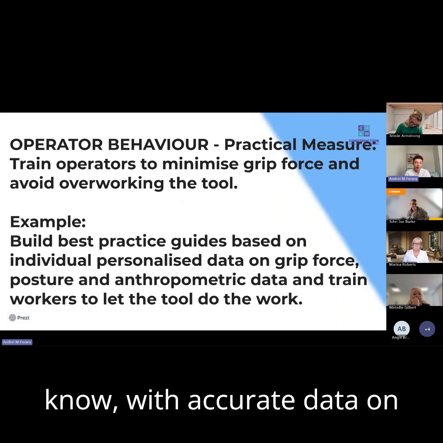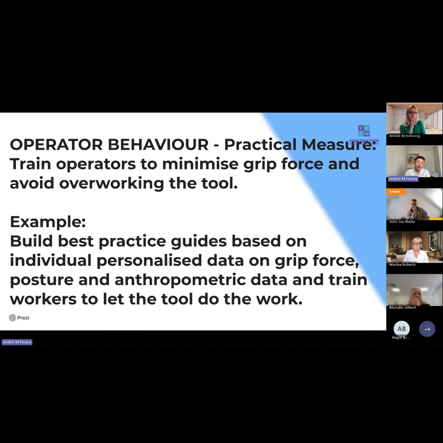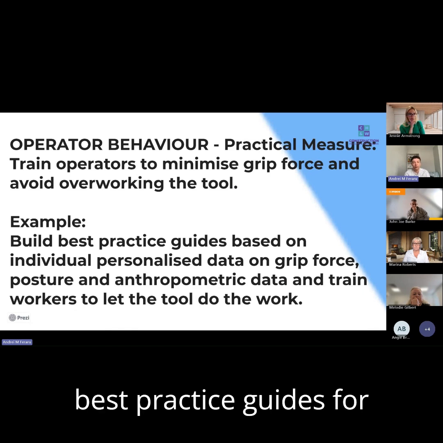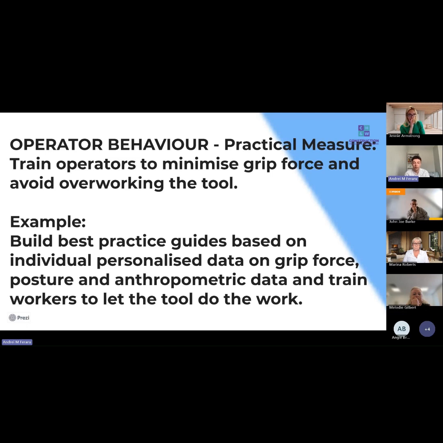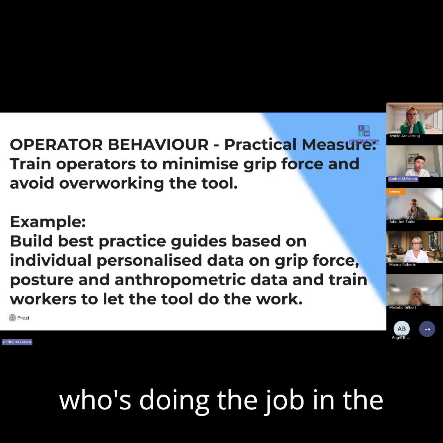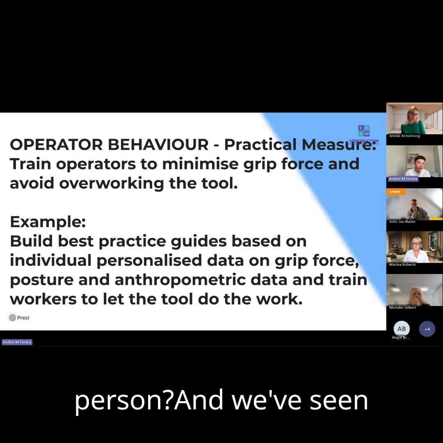So with accurate data on all the relevant parameters, you can build, and we have built, very effective best practice guides for operators to be trained on, and understand who's doing the job in the most efficient way. Can we learn something from that person?